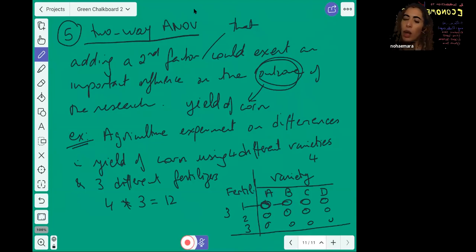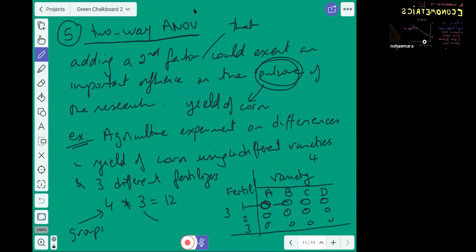So maybe I'm using how the 3 fertilizers are affecting the yield of corn. Or I might be using how the different varieties of corn are affecting the yield of corn. Now I kind of want to do this mix, how the fertilizers and variety are affecting the yield of corn. Okay, so you can think of it this way. So I want you to notice that here in this example, I have 4 groups.